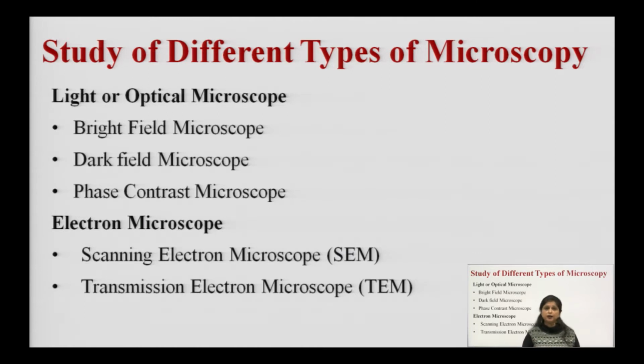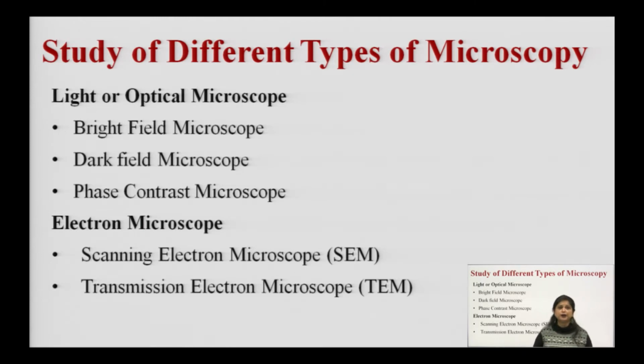If we don't have any microscopes, we won't be able to see the microorganisms, we won't be able to differentiate between bacteria, fungi or viruses. For that we actually need microscopes, and that is why this topic has been put under this course of pharmaceutical microbiology. We need to study a few of the microscopes.